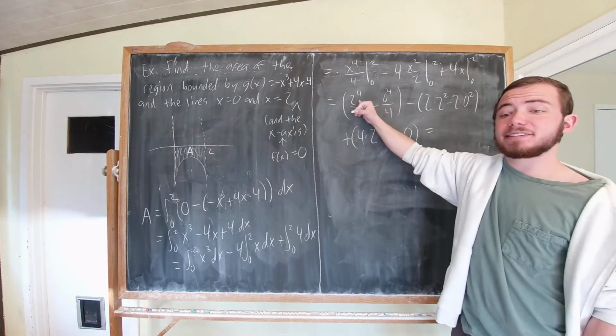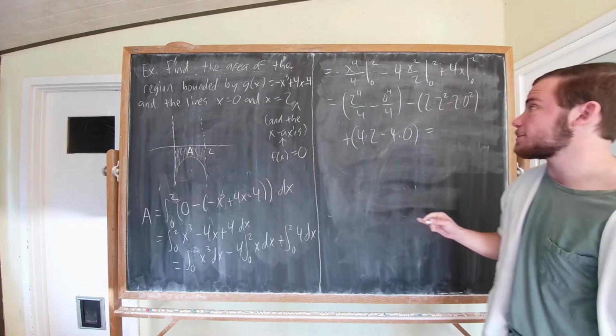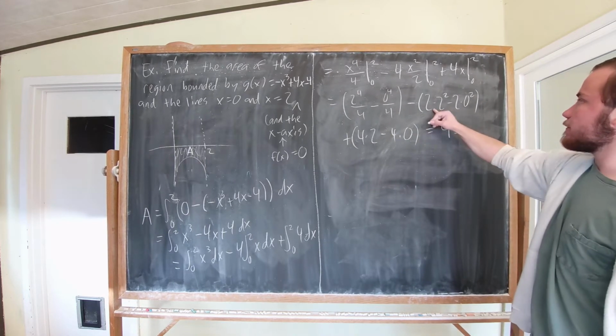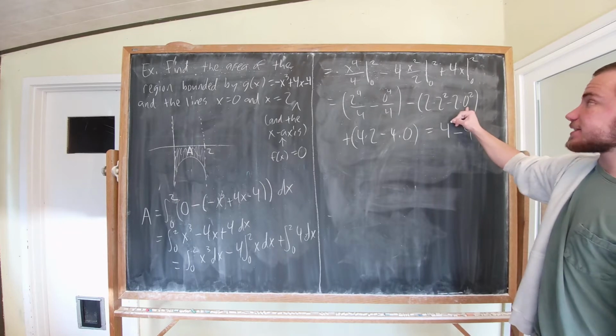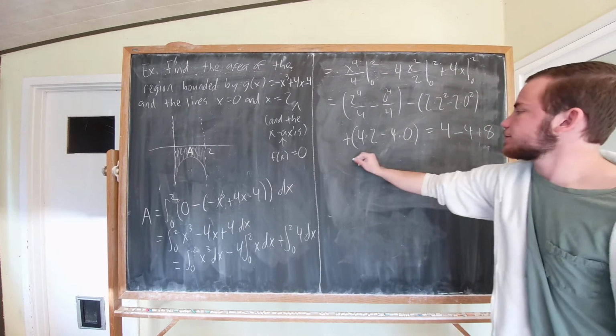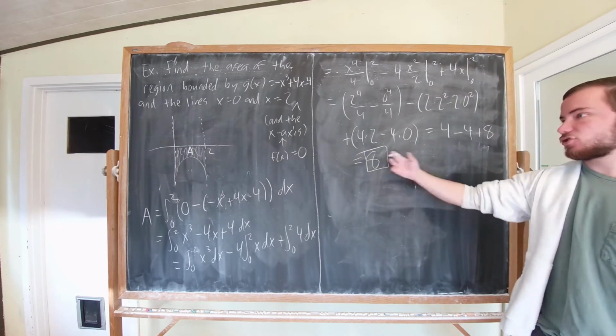Well, that's 16 divided by 4. Yes, 16 divided by 4. So we're going to have 4, that's 0, minus 4, because again, that's 0, plus 8. Look at that. It's just 8.